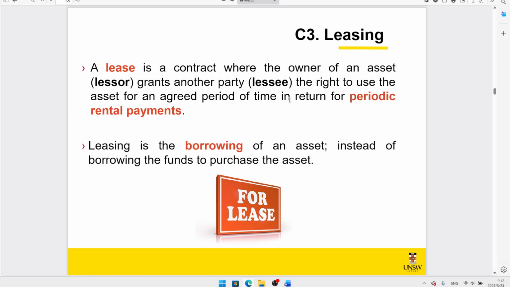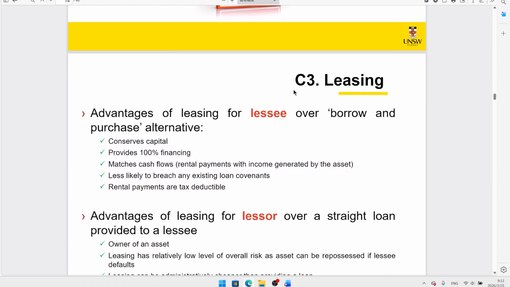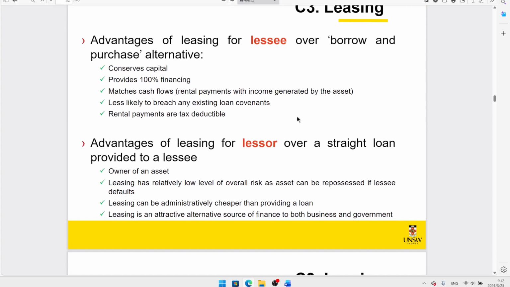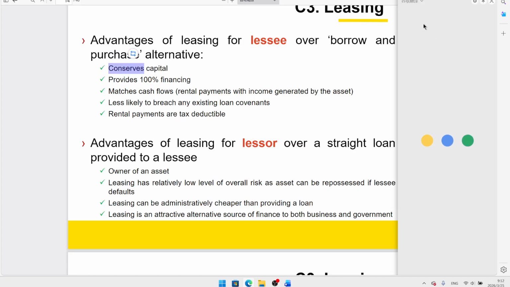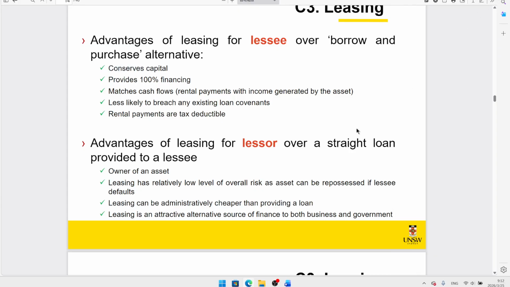Leasing is borrowing an asset instead of borrowing funds to purchase the asset. The advantage of leasing for the lessee over the borrow and purchase alternative is that it conserves capital and provides 100% funding. The lessee matches cash flow, and leasing can avoid existing loan covenants. Rental payments are tax deductible.